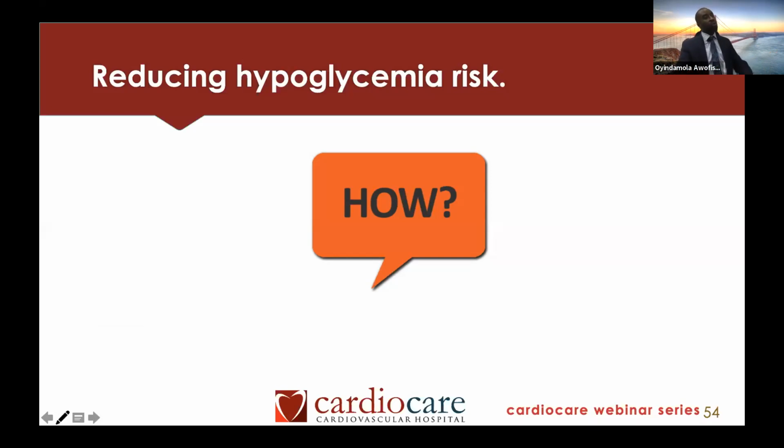We should also be able to identify the patients that are at high risk for hypoglycemia, okay? So patients that are leaner, patients that use alcohol excessively, patients that have renal impairment, kidney issues, patients that have a very poor appetite or have an unpredictable eating pattern are all at a high risk for hypoglycemia.